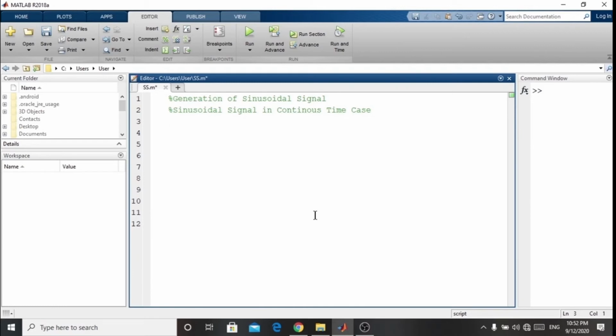So let's define the independent variable as a vector t whose value varies from -10 with a spacing of 0.1 to 10.